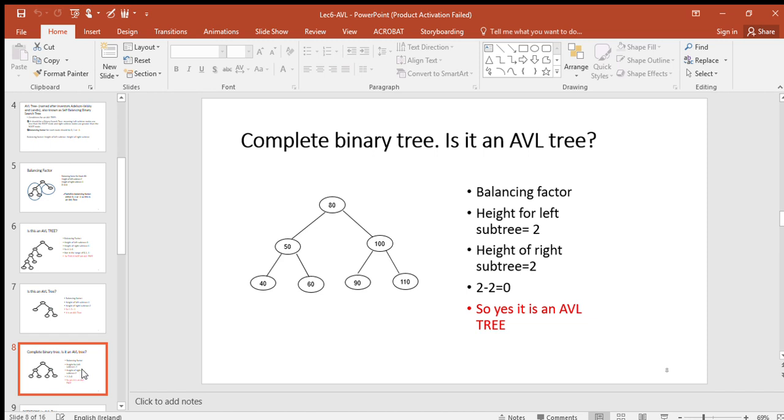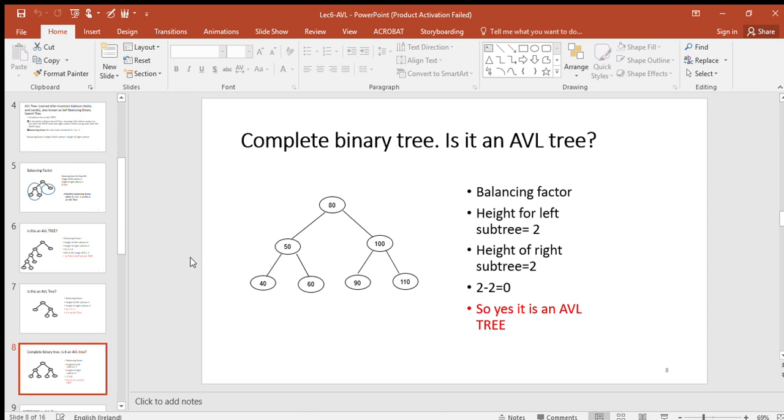Again, this is a complete binary tree, meaning that every node has a maximum of 2 children. And if we calculate the balancing factor, it is going to be in the range of 0, 1, -1. It is going to be 0 exactly. For a complete binary tree, it is always 0 because there are an exact number of nodes on the left subtree and on the right subtree.